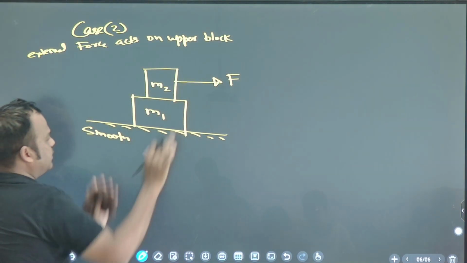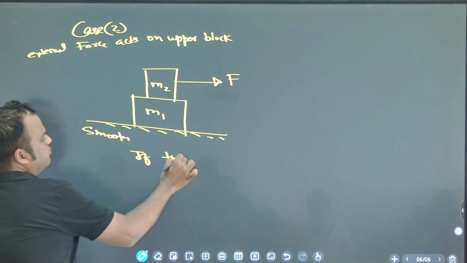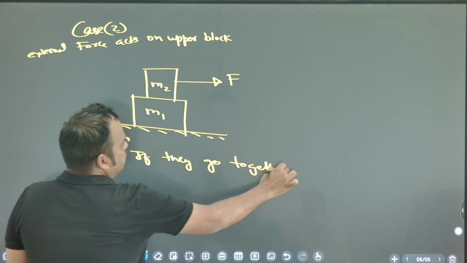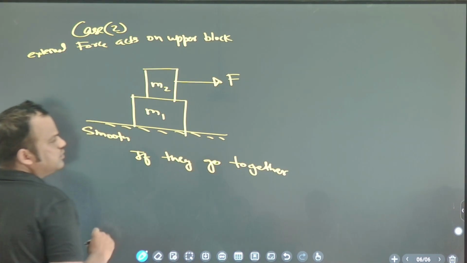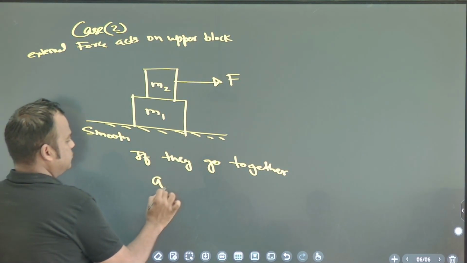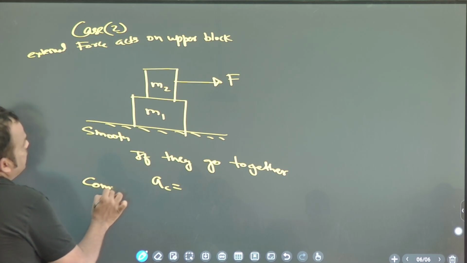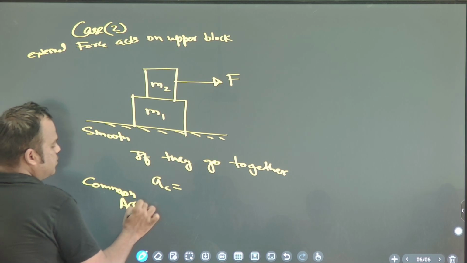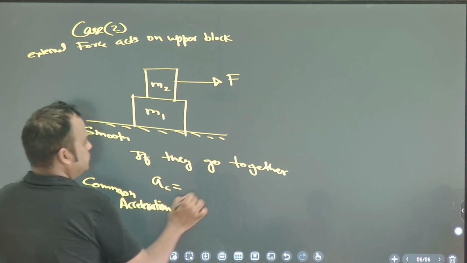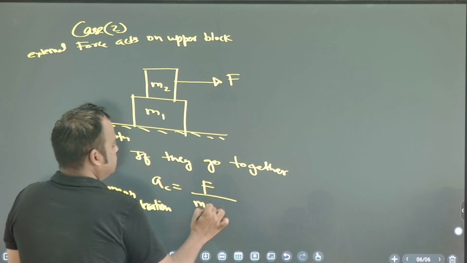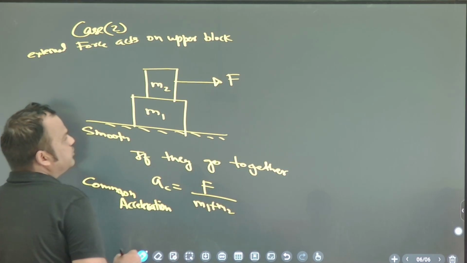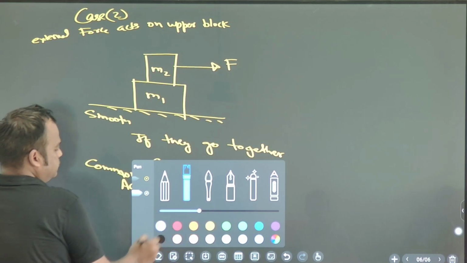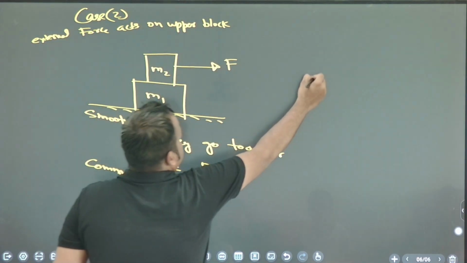If they go together, what is the common acceleration? F by m1 plus m2. Now free body diagram for m2.